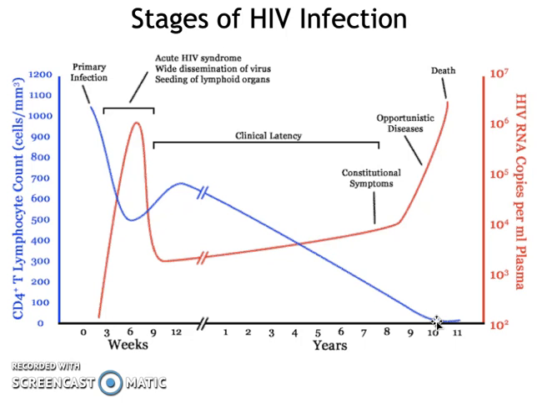AIDS is characterized by having unusual infections that typically do not infect individuals with healthy immune systems, as well as rapid weight loss, skin rashes, and oral sores in the mouth. 90% of people with HIV eventually form AIDS within 10 years.